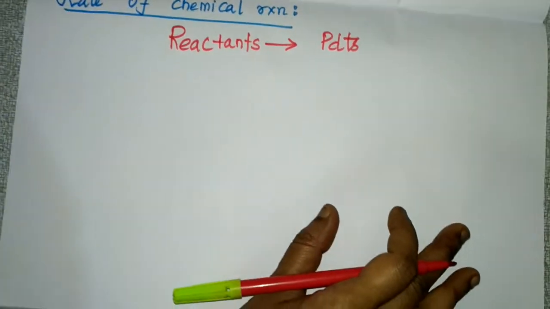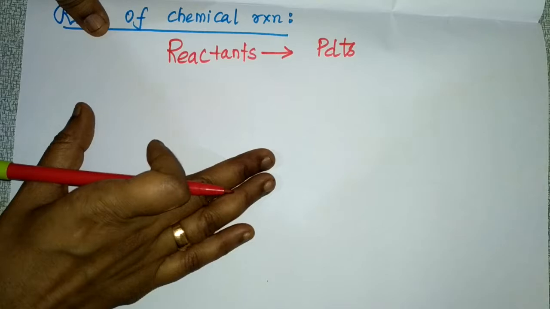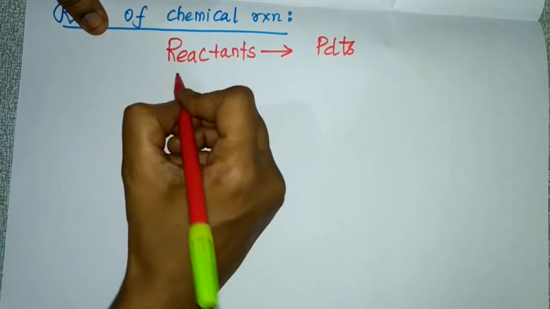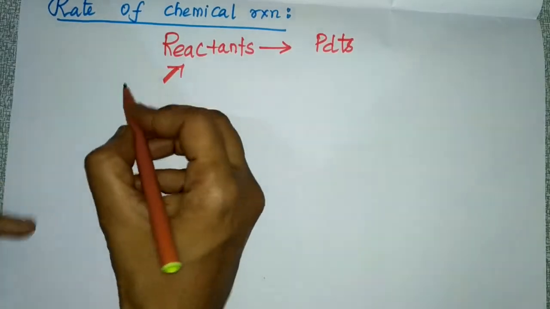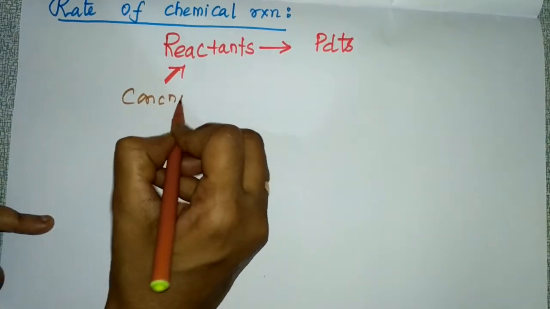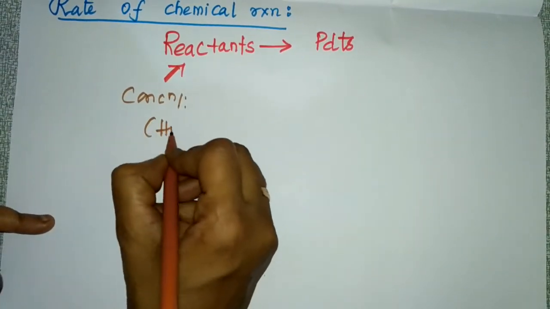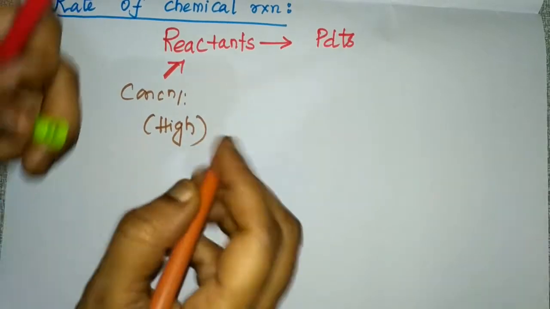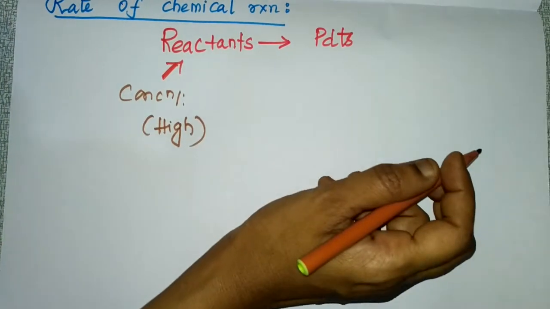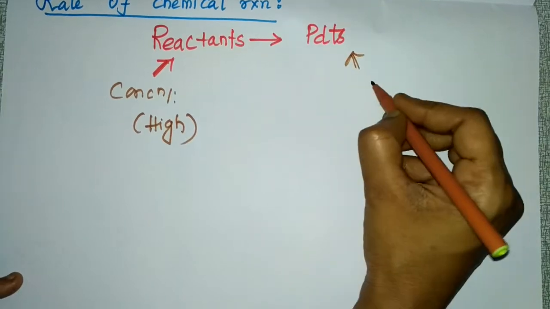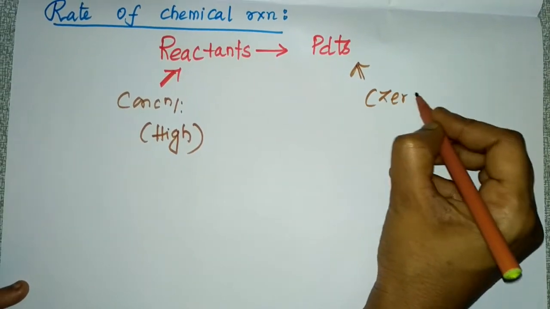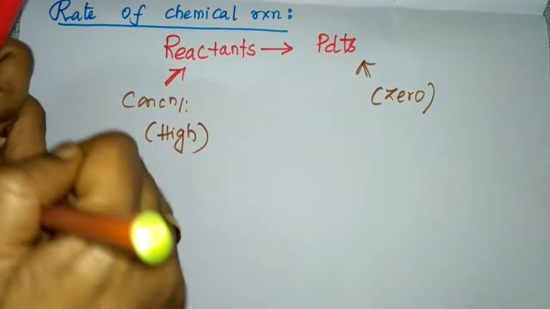Okay, so initially, the concentration of the reactant will be high. And what is the concentration of the product? Concentration of the product initially will be 0.